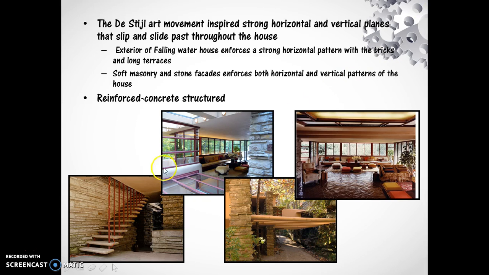The exterior of Fallingwater House enforces strong horizontal patterns with the bricks and long terraces. Soft masonry and stone facades enforce both horizontal and vertical patterns of the house. Most of the construction uses a lot of horizontal and vertical planes, so it's very De Stijl inspired.